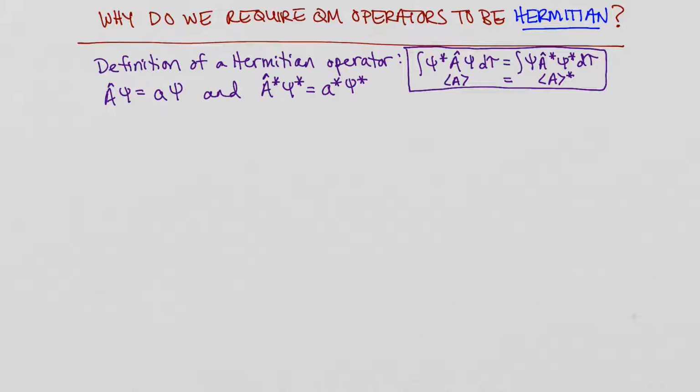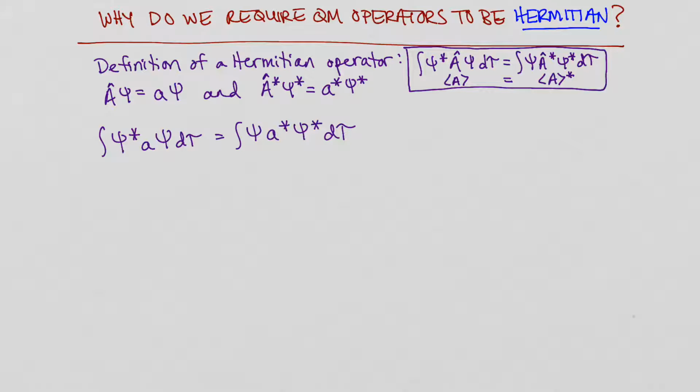Okay, so we're just going to pop these results into our Hermitian operator situation. Just subbing in our eigenvalue results there, we end up with the integral of psi star A psi d tau equals the integral of psi A star psi star d tau.